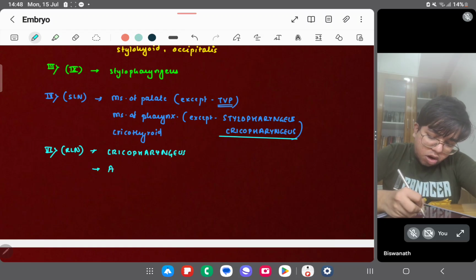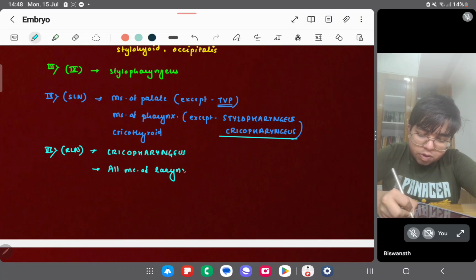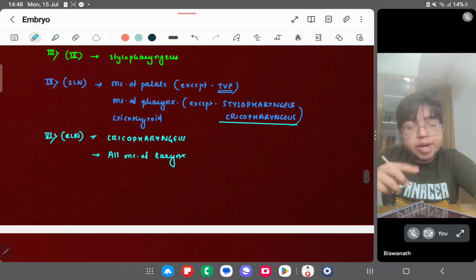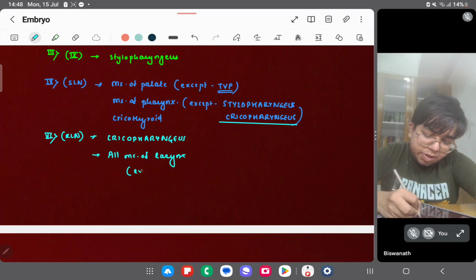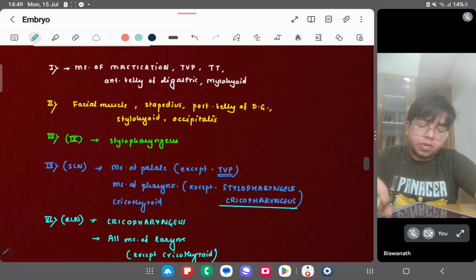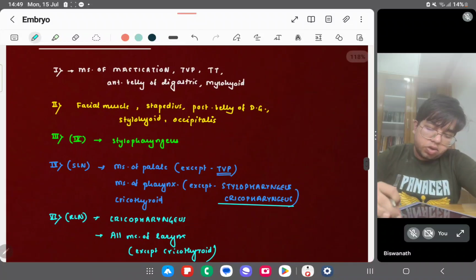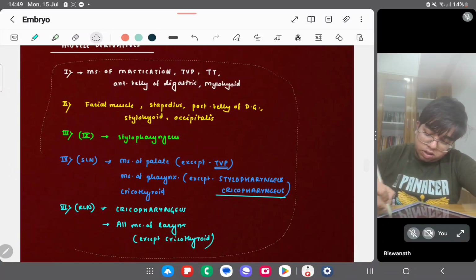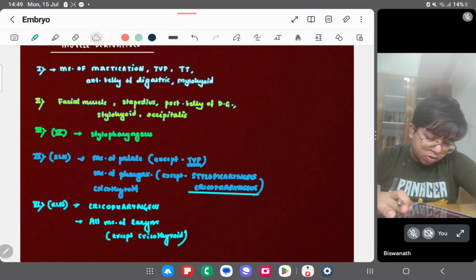Then you can remember all muscles of larynx, all the laryngeal muscles, except your cricothyroid, because cricothyroid was supplied by the fourth arch, right? Except cricothyroid. Understood? So these are the muscular derivatives of the arches. Okay, these are the muscles which you have to remember.